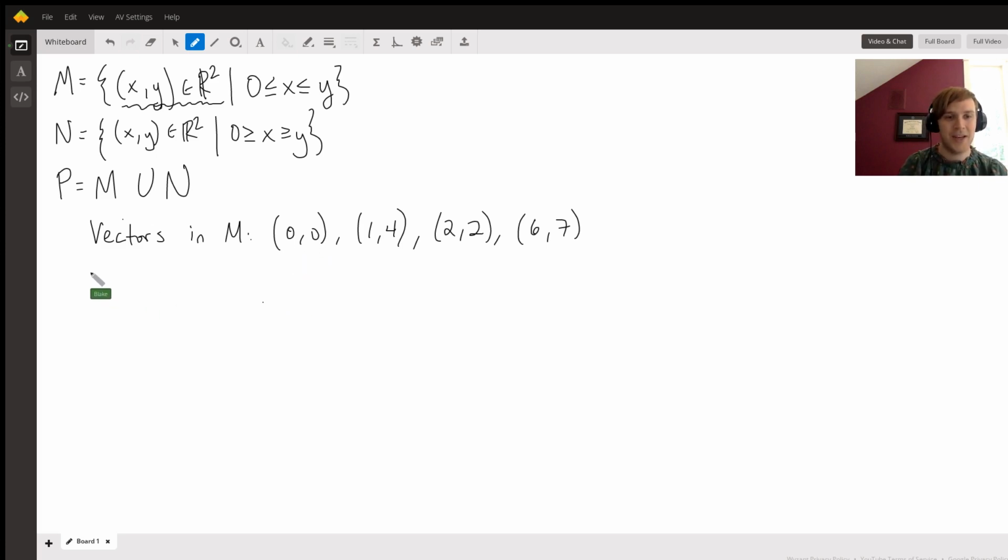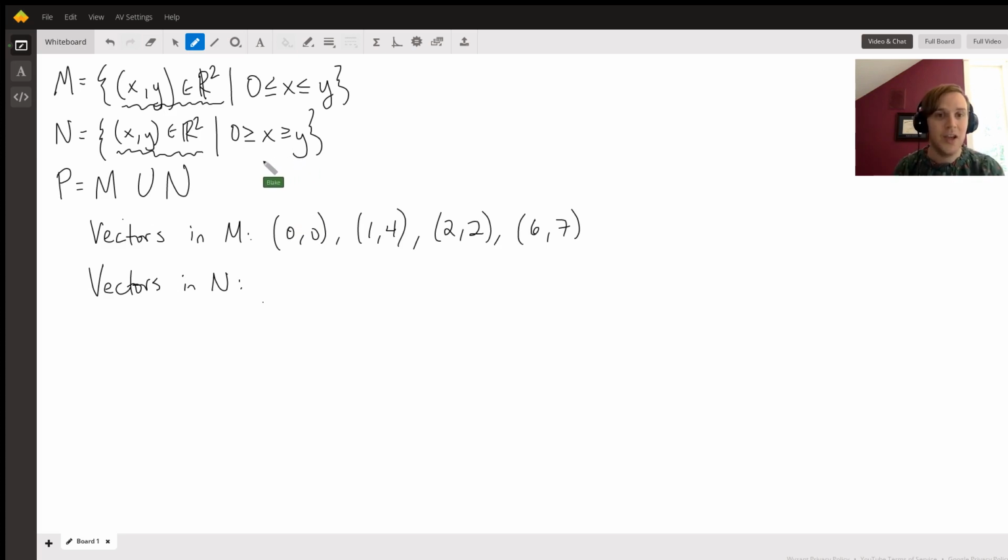And how about for N? Let's think of some vectors in N. N is the set of two-dimensional vectors with real values. That's what this first part means, such that, the bar means such that, 0 is greater than or equal to the x-coordinate, which is greater than or equal to the y-coordinate.